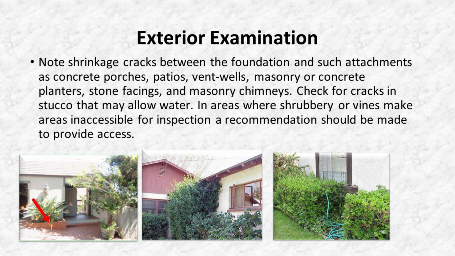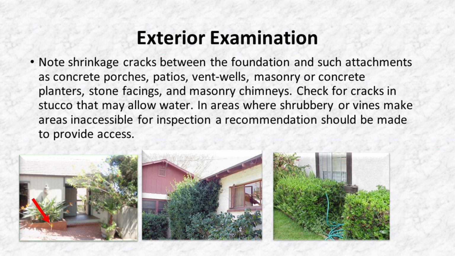Exterior examination. Note shrinkage cracks between the foundation and such attachments as concrete porches, patios, vent wells, masonry or concrete planters, stone facings, and masonry chimneys. Check for cracks in stucco that may allow water.